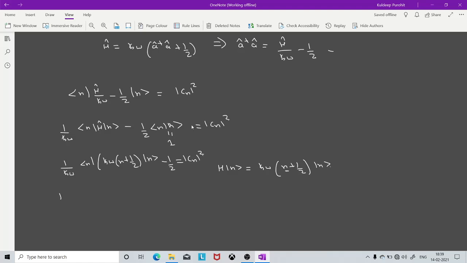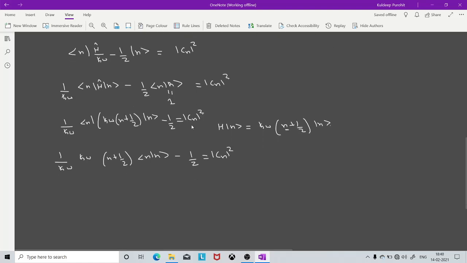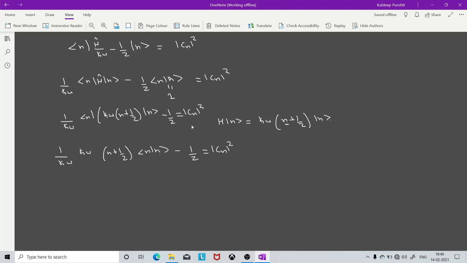So 1 by h cut omega will come outside, into h cut omega into n plus 1 by 2, into bra n ket n, minus 1 by 2, is equal to mod of Cn square. This is again equal to 1.